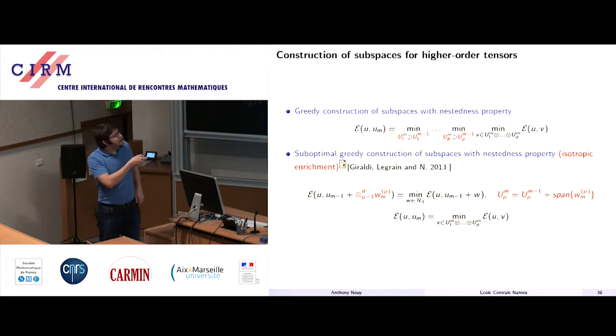You can also rely on a suboptimal greedy construction. For example, you can try to find a best rank 1 correction as a product of univariate functions, and enrich your spaces by the different coordinates, the different univariate functions. You do not use this correction as a correction of your approximation, but just as a way to enrich your spaces in each dimension, and then you project onto the tensor product space.